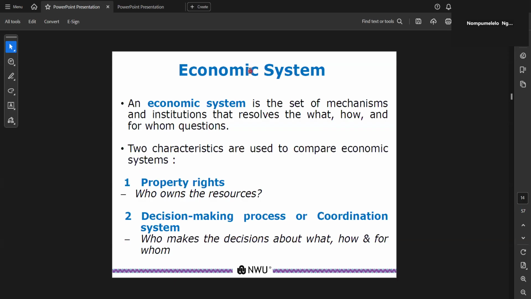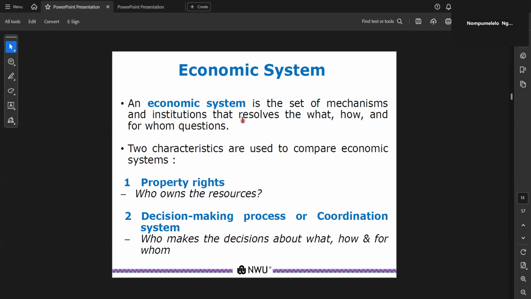They define economic system as a set of mechanisms and institutions that resolve the what, how, and for whom questions. Let me take you back for a moment. Remember from chapter 1, we learned that the economic problem is a problem of scarcity.